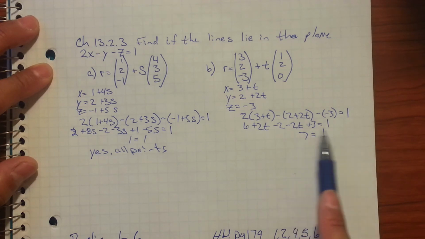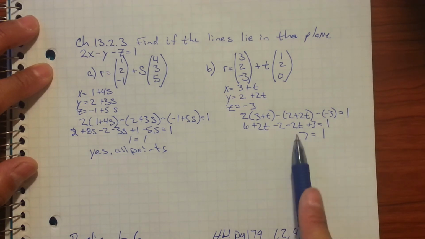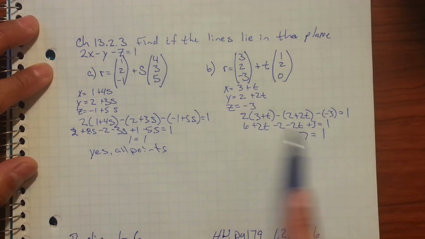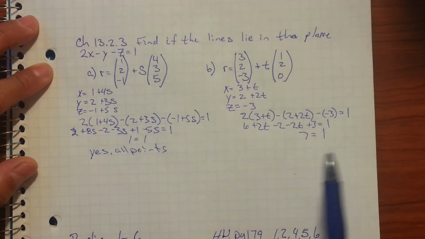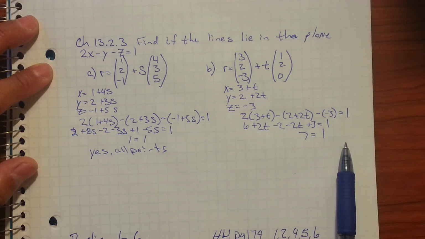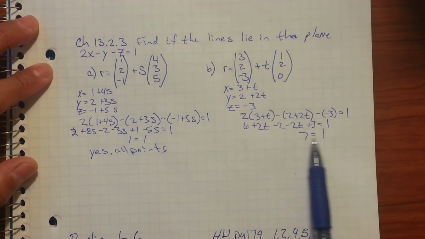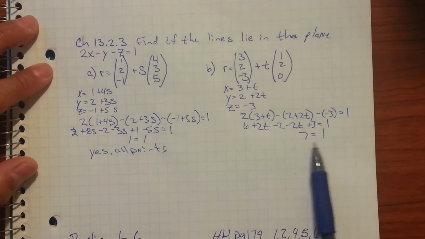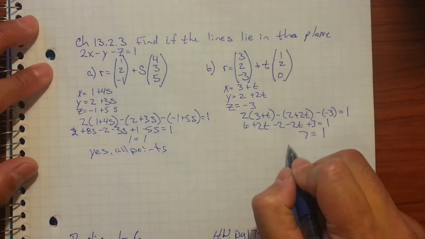And now, since it's 7 equals 1, if you guys remember, this right here means that it will never intersect. So when I did solve for it and I got t equals something, that's going to intersect at a point. Because this is 7 equals 1, this is never going to intersect. If it's never going to intersect a plane, that means it must be parallel. So this one right here means it's going to be parallel.